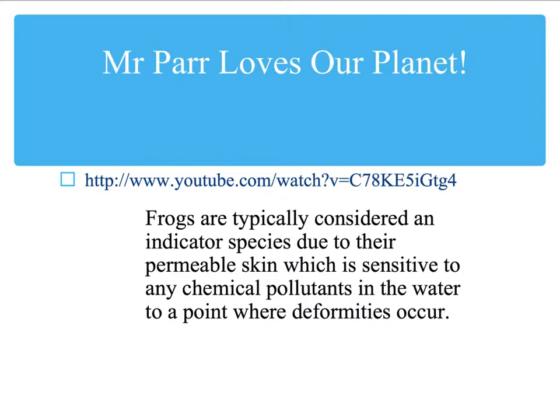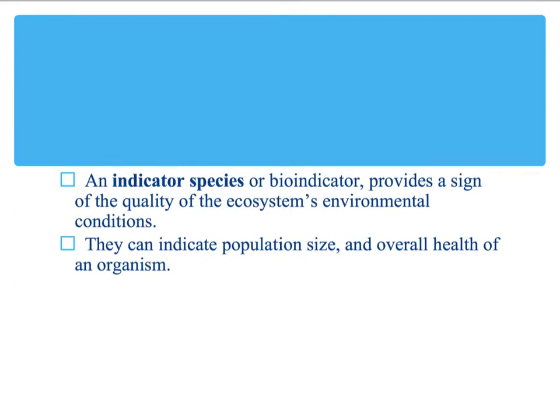Another thing, this is kind of weird that it's on the slide, but frogs, like Kermit, are actually considered something called an indicator species. This is on the test. They are going to be able to tell us what is wrong with an environment. They can indicate population size and overall health of an organism.